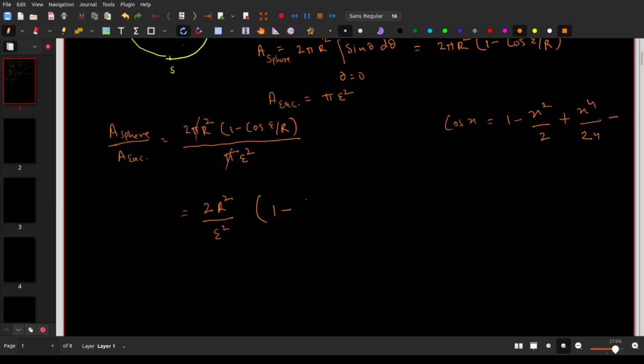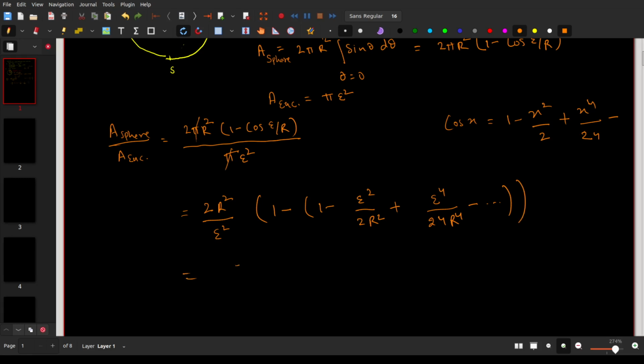So we'll have 1 minus epsilon square by 2r square plus epsilon to the 4 by 24 r to the power 4, and then higher order terms.